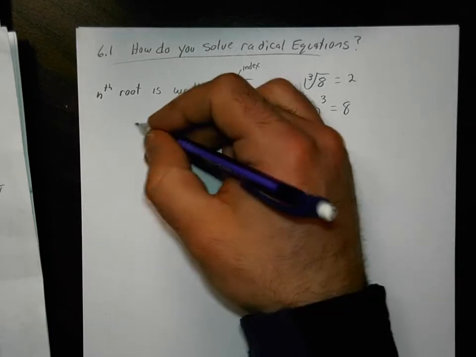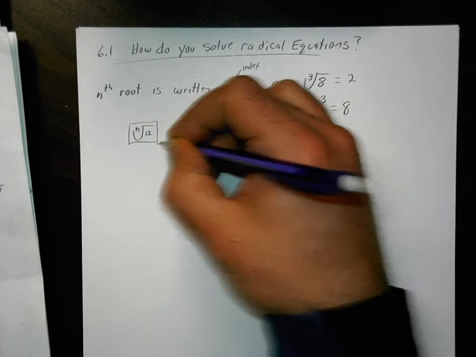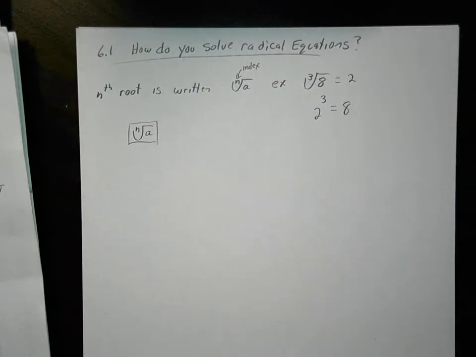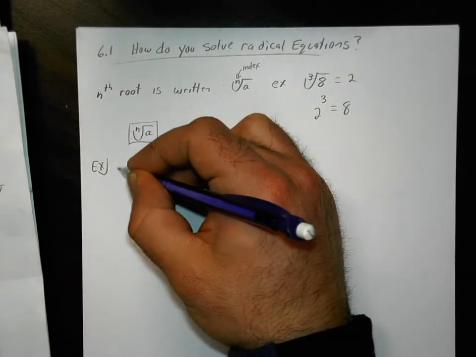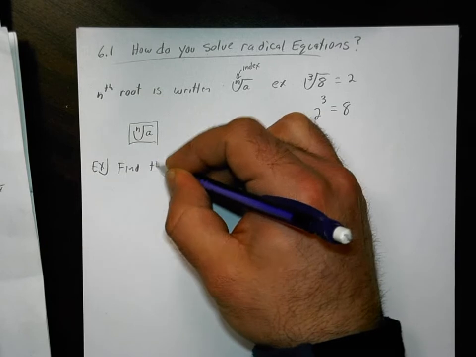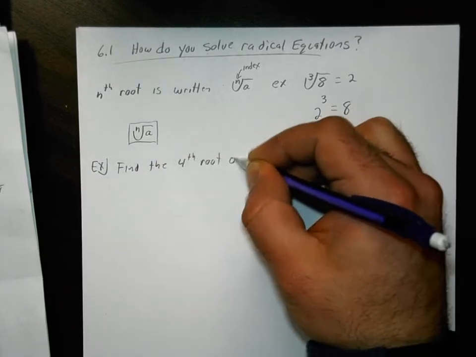Okay, your calculator has an nth root button. Looks something like that, typically. So you can find that button on your calculator. So we could find the fourth root of 81.